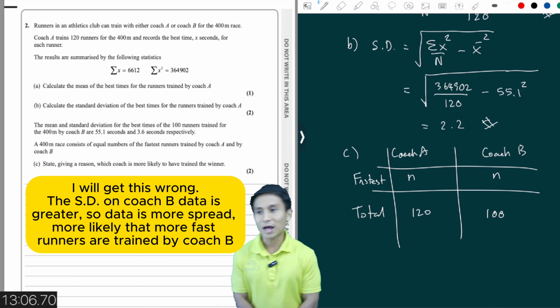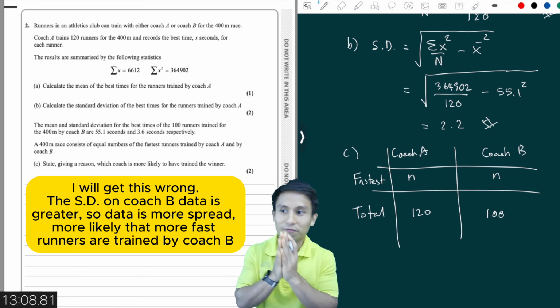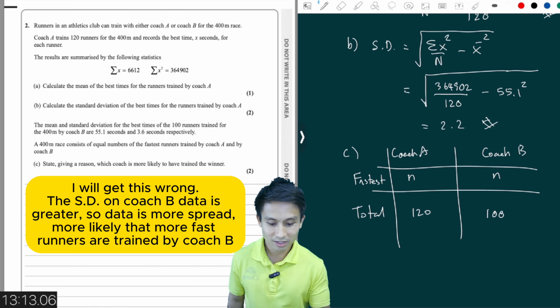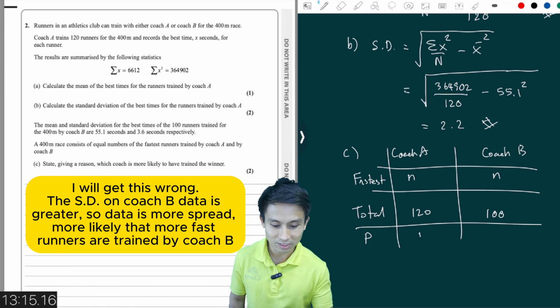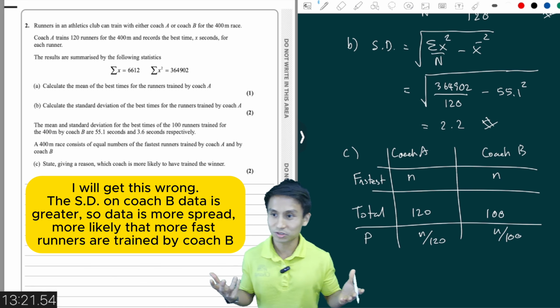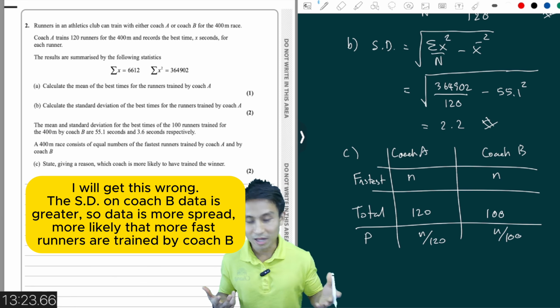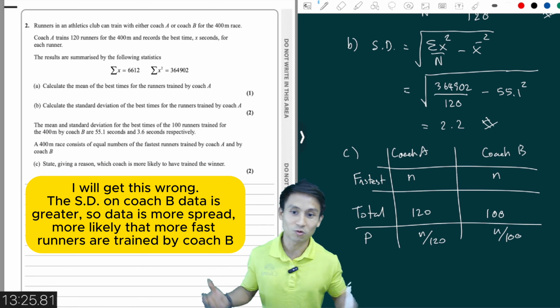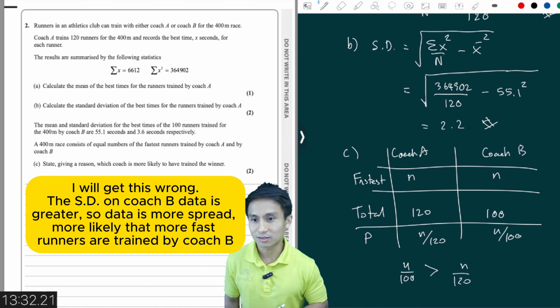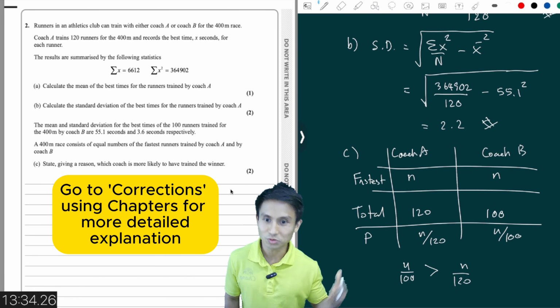So if you find the proportion here of fastest runners from Coach A and Coach B, the proportion or probability actually is just n over 120 and n over 100. Of course, because n is the same here for either coach, you would say that n over 100 is greater than n over 120. So the probability from Coach B is more likely.